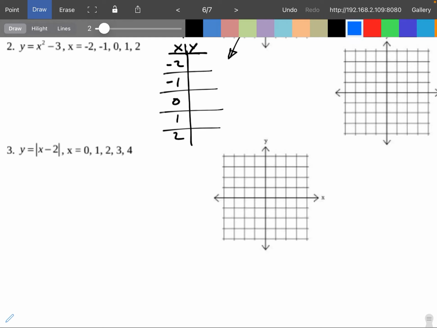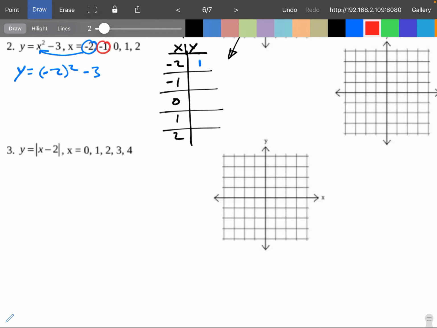All right, so again, for the first one, we're going to take -2, and we're going to plug it in right there for x. So we're going to get y equals -2 to the second power minus 3. Well, what's -2 squared? 4. What's 4 minus 3? 1.